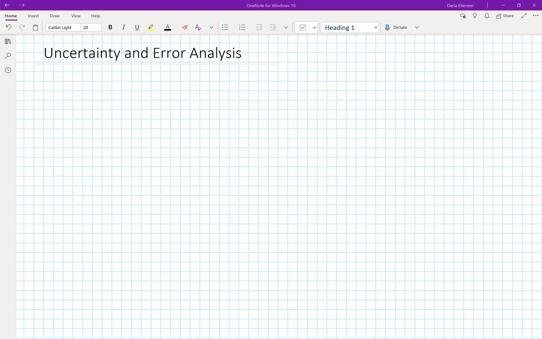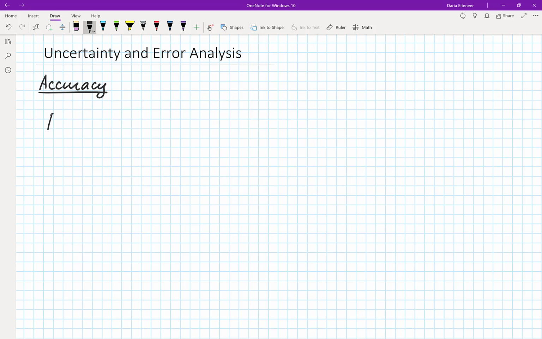So I'm going to start by introducing 2 terms that you probably already know from other classes. Let's define accuracy and precision. A lot of times in everyday language, people tend to mix these 2 terms up or use them interchangeably.